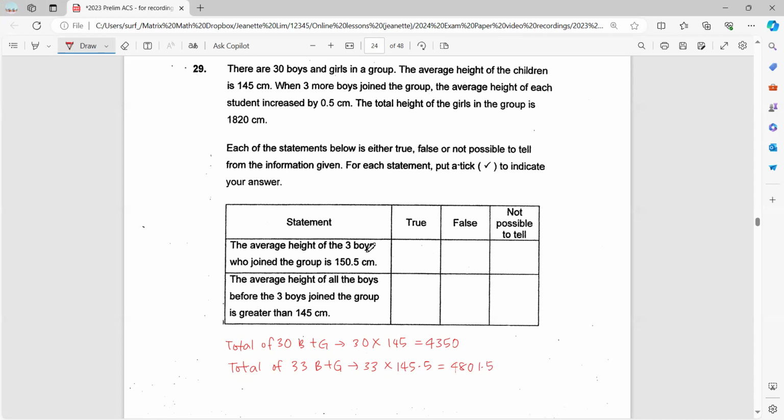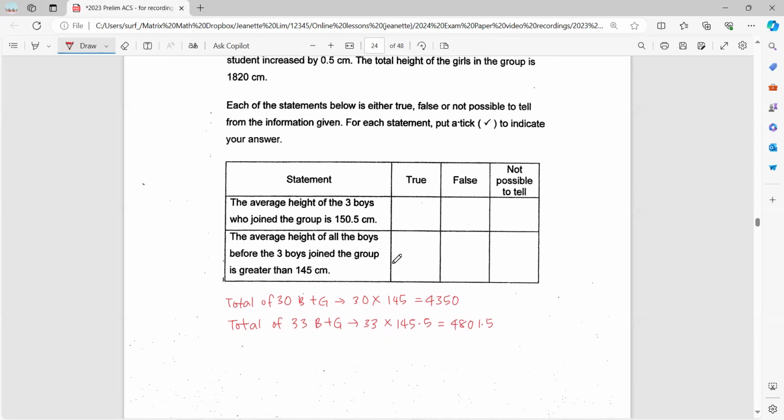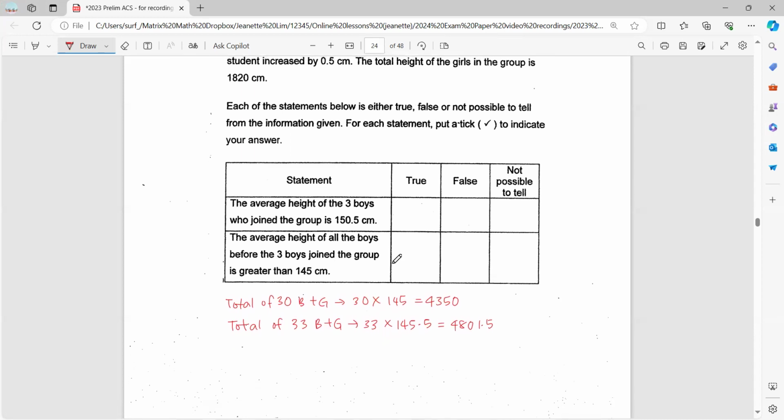Since they say that the average of the 3 boys is 150.5, let's find out their total heights. According to these two, the difference will give you the total height of the 3 boys. So 4801.5 minus 4350 is 451.5.